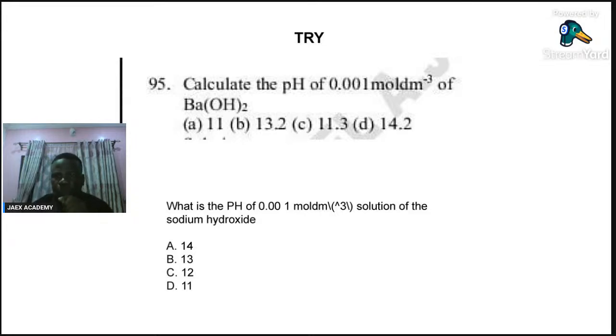Okay, so Vincent is asking, what is the difference between a strong acid and a weak acid? So Vincent, a strong acid ionizes completely in a solution. A weak acid ionizes partially in a solution.